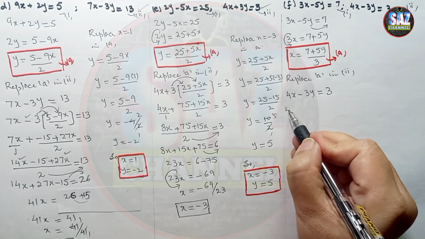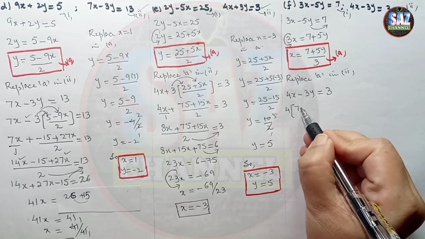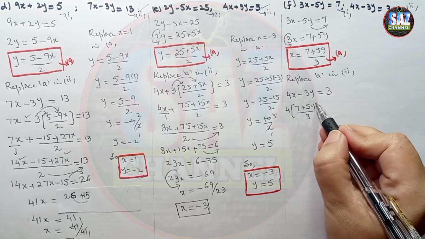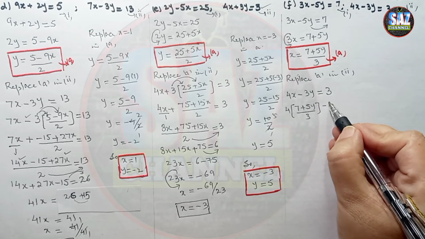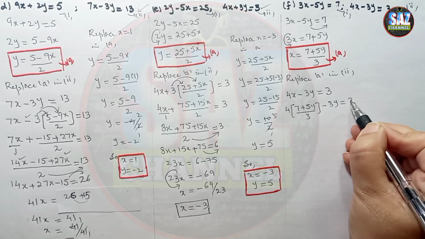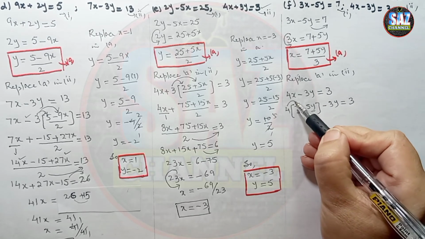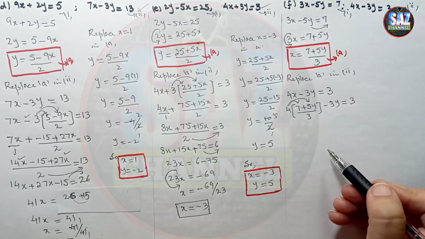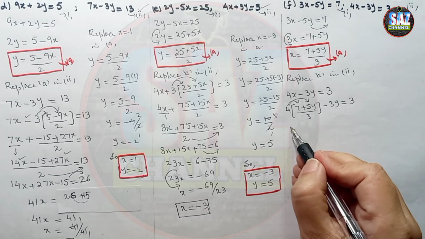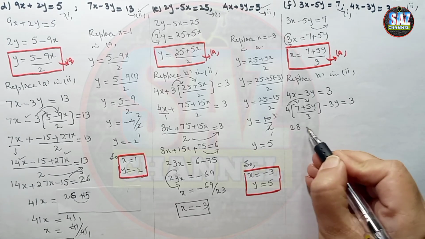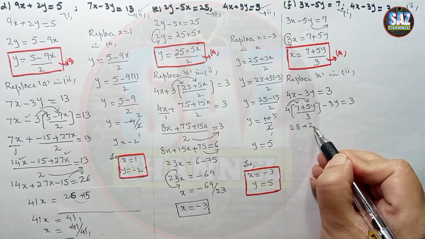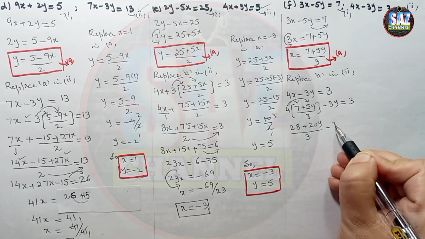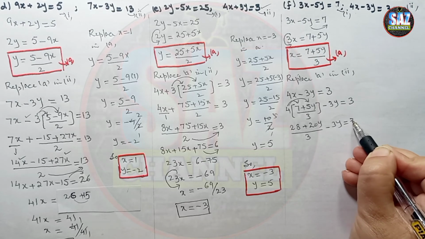And now 4 into (7 plus 5y)/3 minus 3y equals 3. Now apply the distributive property carefully, that we have to multiply this 4 with every term inside the bracket, and the equation will take the form (28 plus 5 fours are 20y) upon 3 minus 3y equals 3.